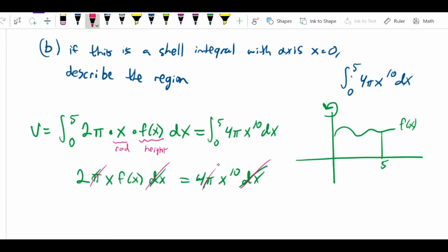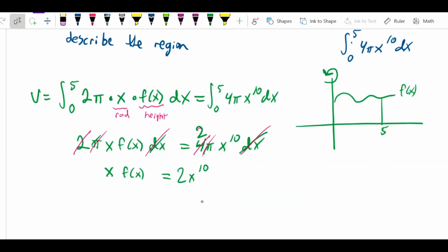And in fact, the 2 and the 4 cancel a little bit, because if I divide both sides by 2, the 2 disappears on the left and the 4 becomes a 2 on the right. So now I have x f of x equals 2x to the 10th. I can cancel a factor of x, giving me f of x equals 2x to the 9th.